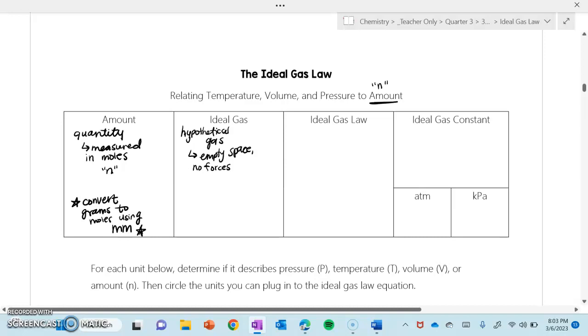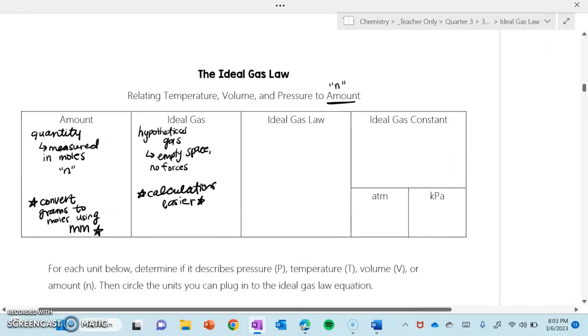But for our purposes, we are going to assume that all gases behave like an ideal gas so that we can do these calculations. This idea just makes calculations easier, and we can plug into our equation and get a ballpark answer. It may not be the perfect value because we're making these assumptions, but it's close enough.